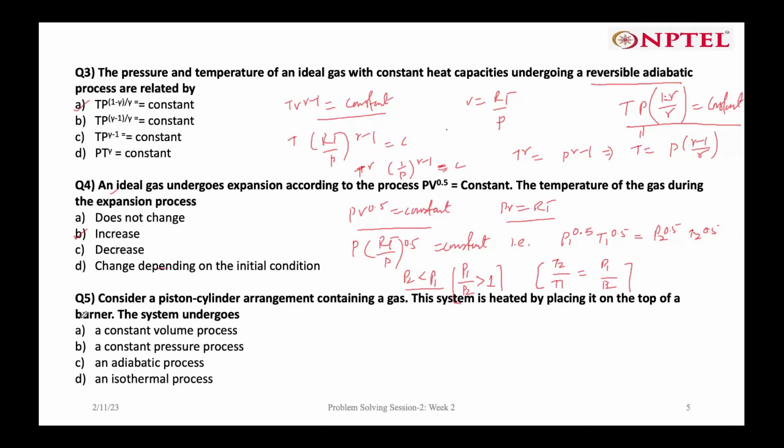Now question 5. Consider a piston cylinder arrangement containing a gas. The system is heated by placing it on top of a burner. The system undergoes a process; different processes are given in the options.